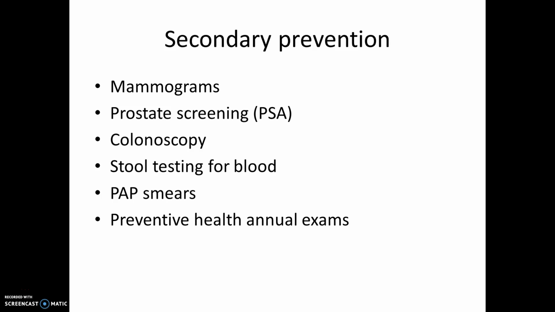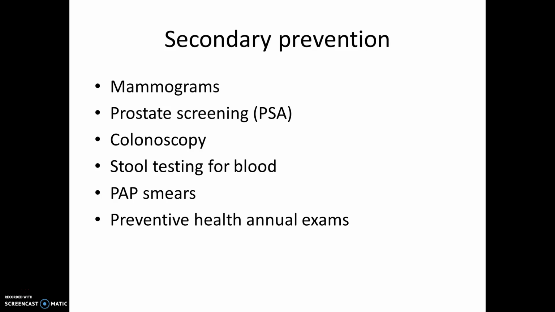Here's a number of examples of secondary prevention. The first one, mammograms, recommended by organizations to ensure that women get preventative health early for breast cancer, prostate screening, PSA levels, colonoscopies, stool testing for blood, pap smears.